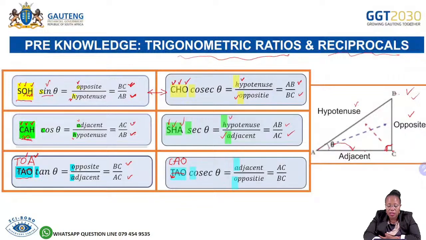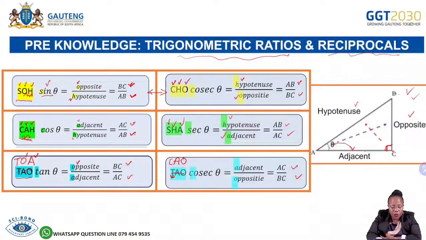That is not T, that's supposed to be C. And then if we are looking at the reciprocal of a tangent, that will be a cotangent, cot. If the tangent was BC over AC, this will be AC over BC because we are swapping around.